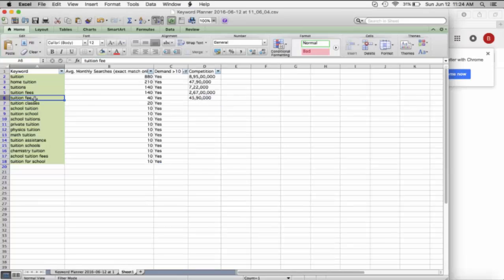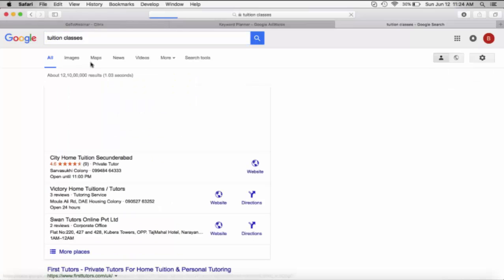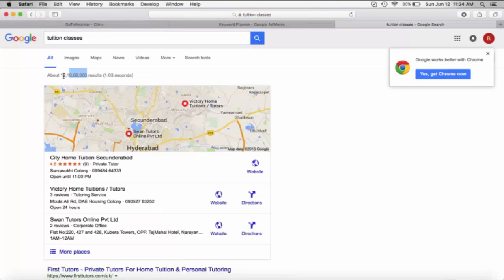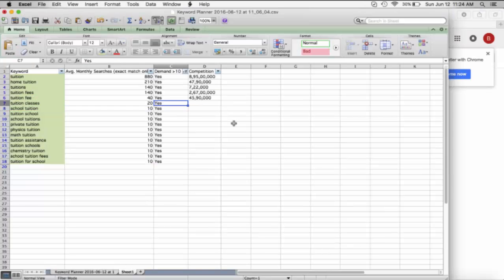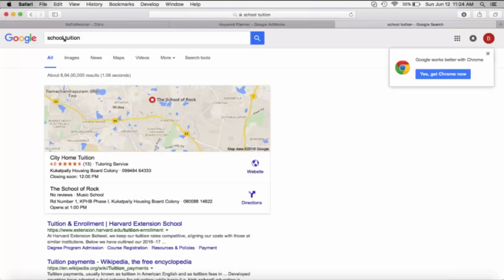Okay, so tuition fee, we have got competition value. Now tuition classes. Here we go. Guys, keyword research is an exhaustive process. So when you're doing it, you've got to do it right. Else you end up targeting some irrelevant keywords for which you will never rank, or probably you take about a year or two to rank.